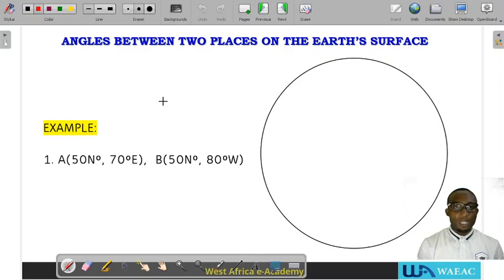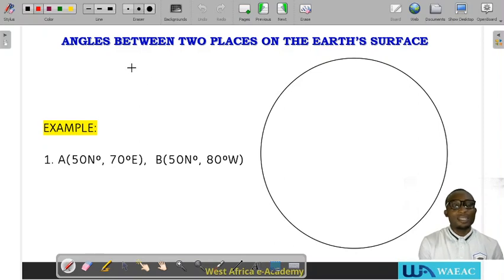So the third objective for this lesson is angular difference, which is also known as angles between two places on the earth surface. So we know how to locate a point.